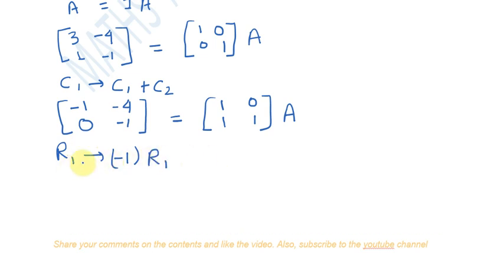That was one property, that any of the rows can be multiplied with any scalar. So a scalar here we have taken as -1, and similarly for row 2 we do the same thing, -1 row 2. Let's just see what result we get.